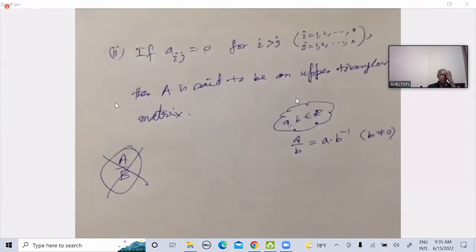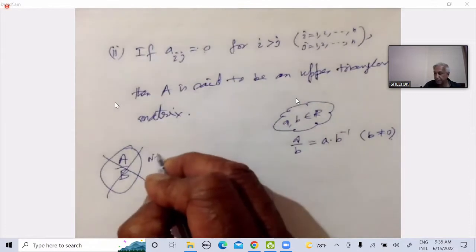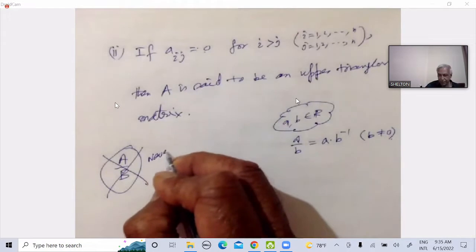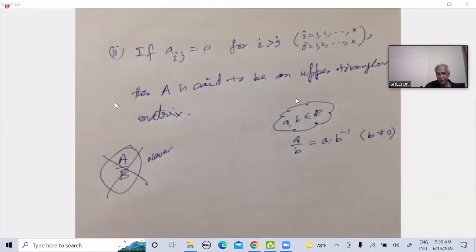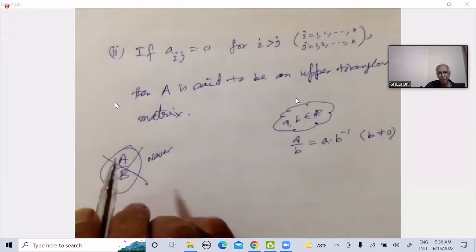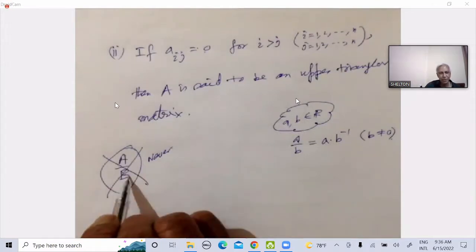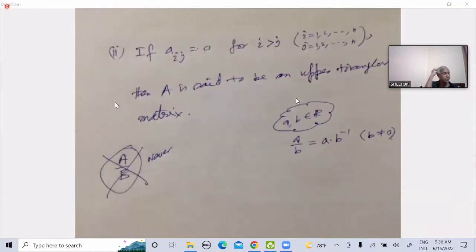So for matrices also, although we never use this notation, okay? We never use this notation, but we talk about inverses. So we never write capital A over capital B. If I want to do this, I would only write A B inverse. Okay, division of matrices is not defined.